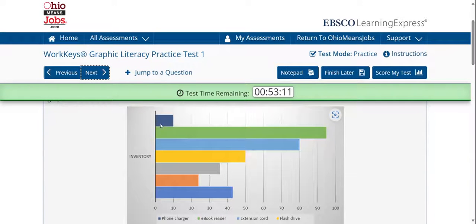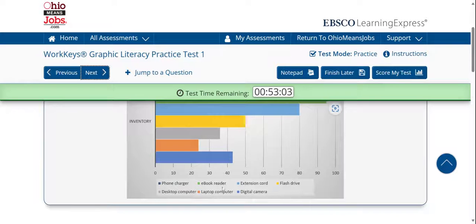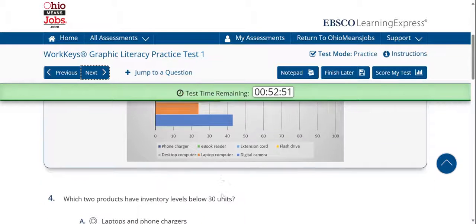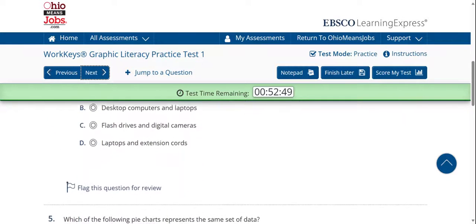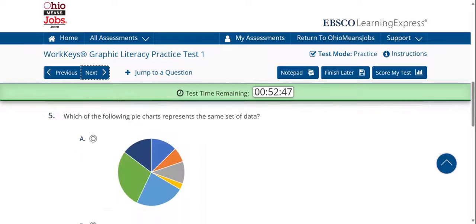The colors represent different inventory examples such as phone chargers, ebook readers, flash drives, laptop computers. So again, different types of graphs.